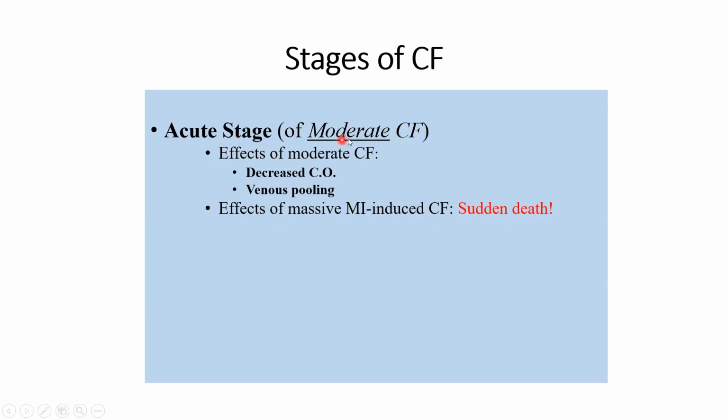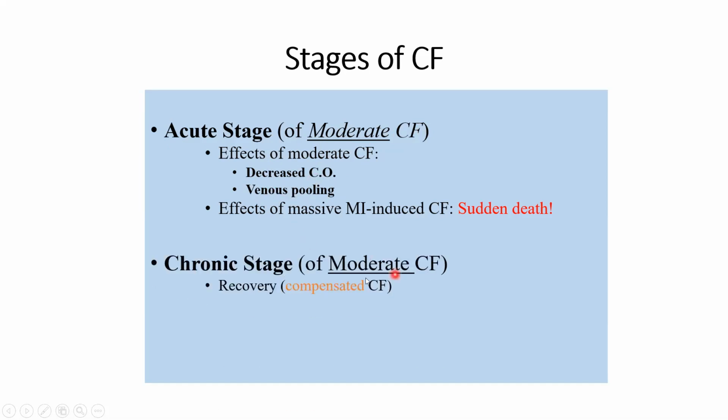So the acute phase of moderate cardiac failure is basically all the symptoms and all the signs which come around because of decreased cardiac output and venous pooling. Then you have the chronic stage of this moderate cardiac failure, in which, as I mentioned, the compensatory mechanisms kick in and sort of save the day, proverbially speaking. We call it recovered, or recovery has happened.